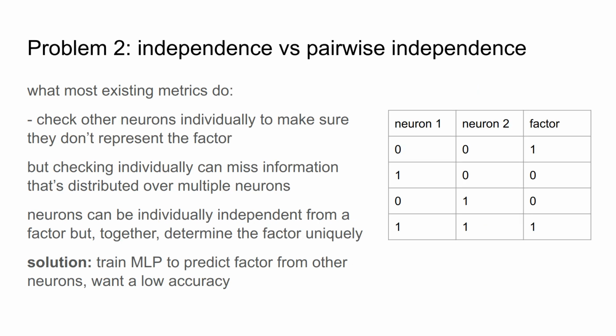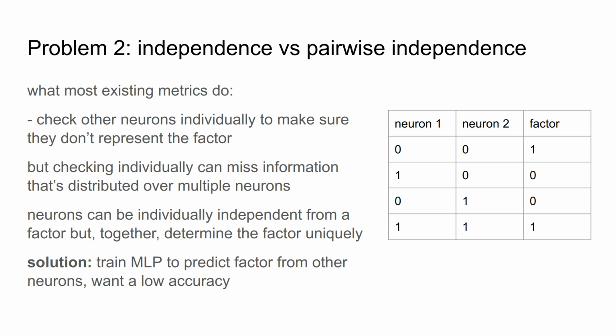The second problem concerns the distinction between independence and pairwise independence. What most existing metrics do when they're looking to see if any other neurons represent the factor is they just check those individual other neurons one at a time.